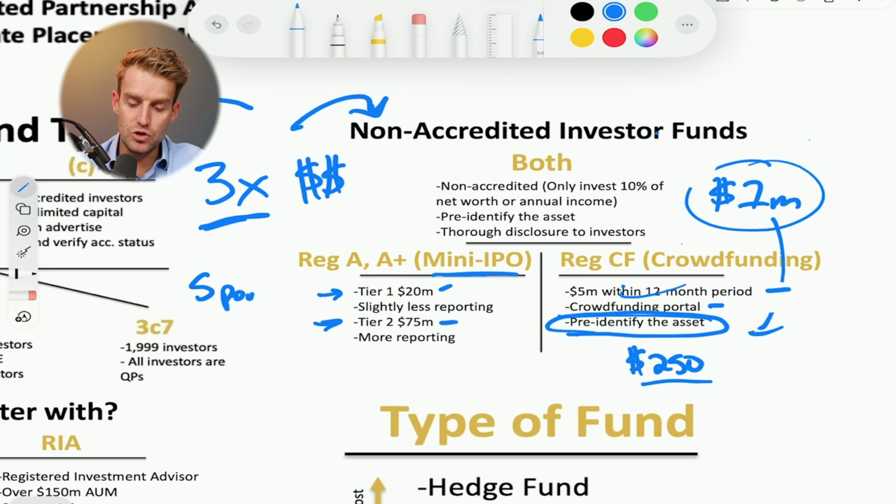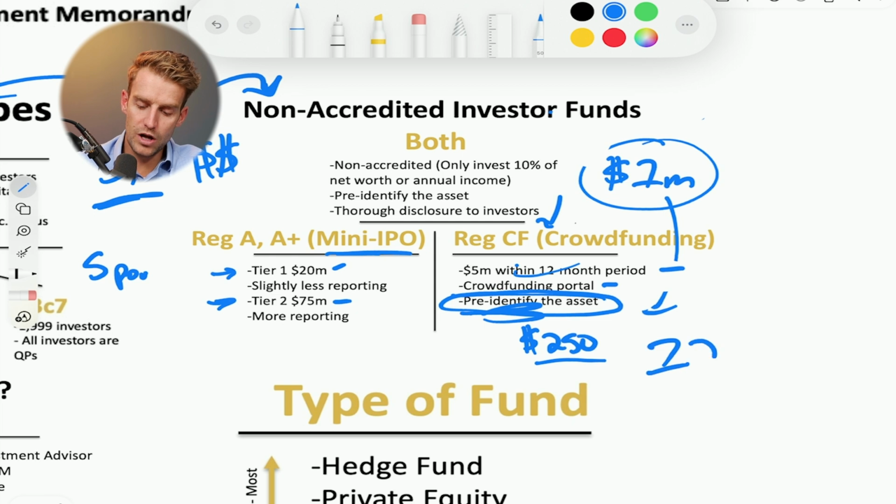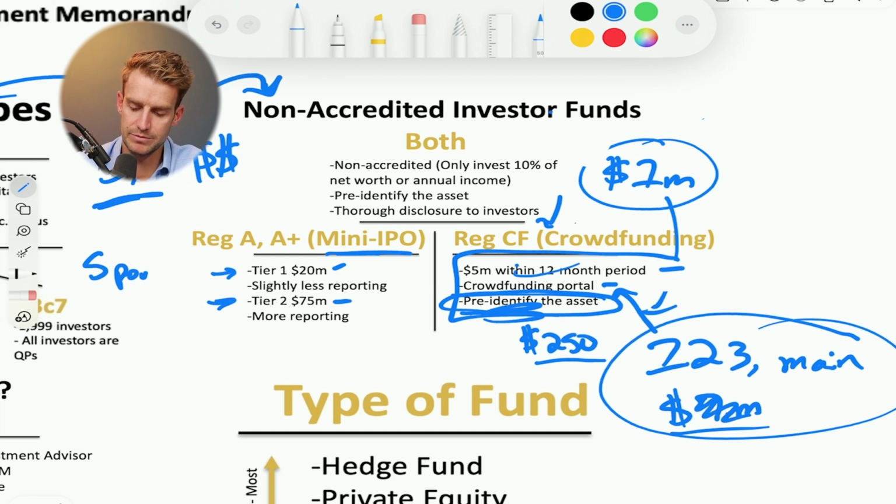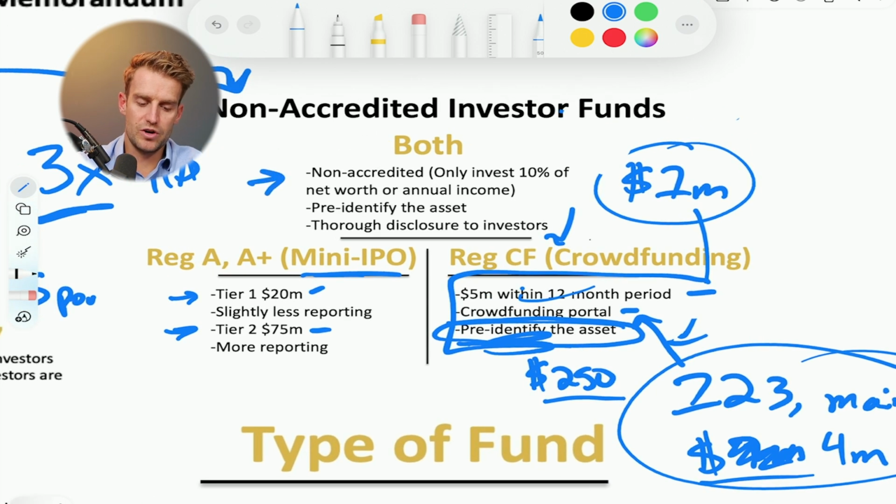In a Reg CF, you have to identify the asset up front. Hey, we're buying 123 Main Street for $7 million. It's pre-identified. It's in a crowdfunding portal. We can only raise up to $5 million. So I said 7. That's too high. We're raising up to 4 million. Okay. Reg CF. But the big benefit is you can raise from non-accredited investors.